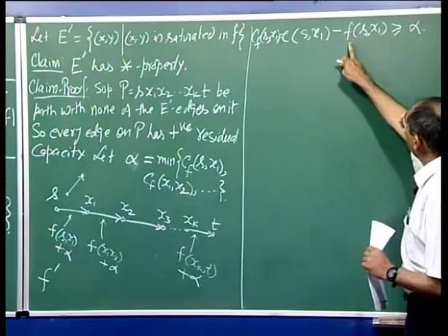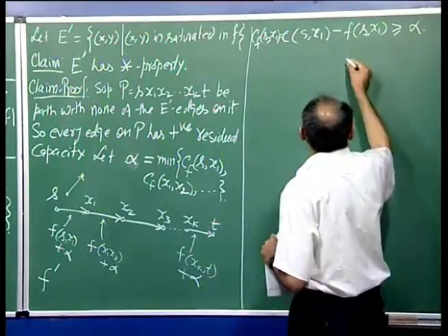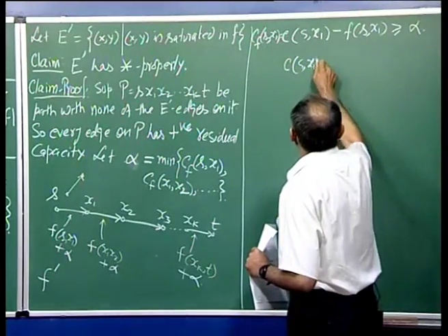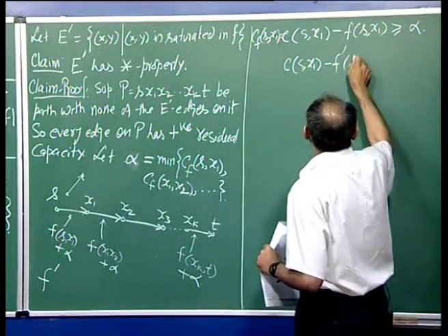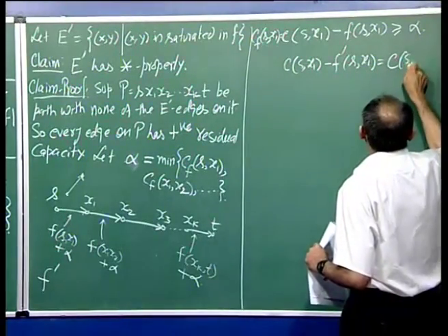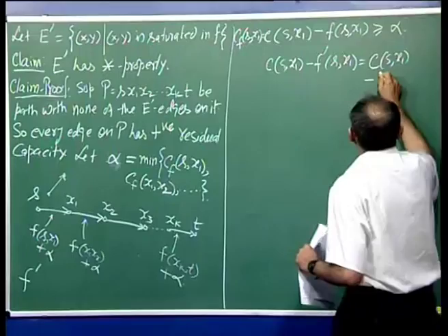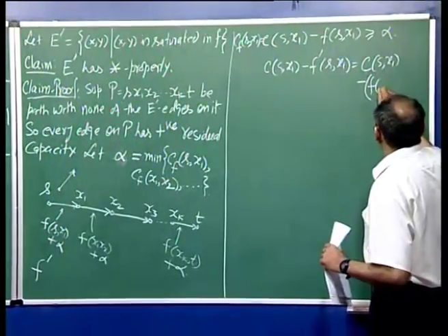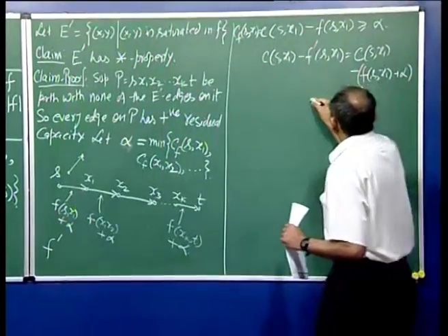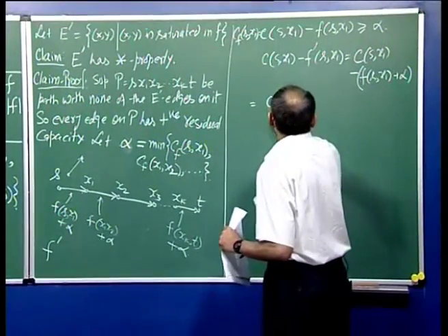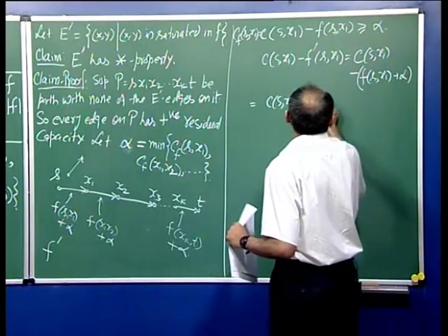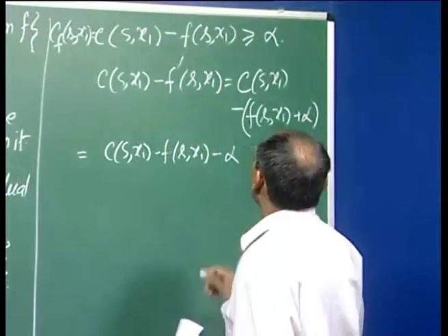So, when we append the flow, we have C S comma x1 minus f prime of S x1, which is equal to C S x1 minus, now f prime is f of S x1 plus alpha, which is C S comma x1 minus f of S comma x1 minus alpha.